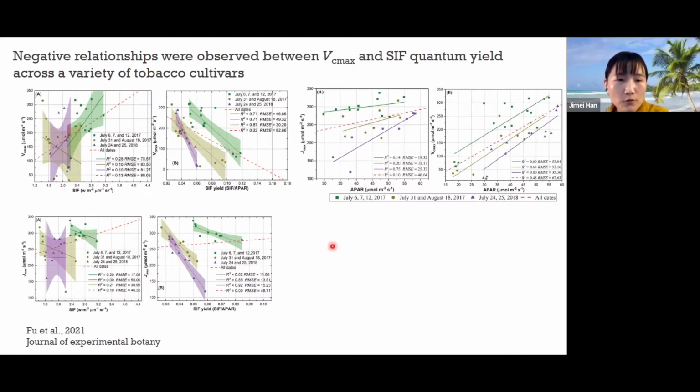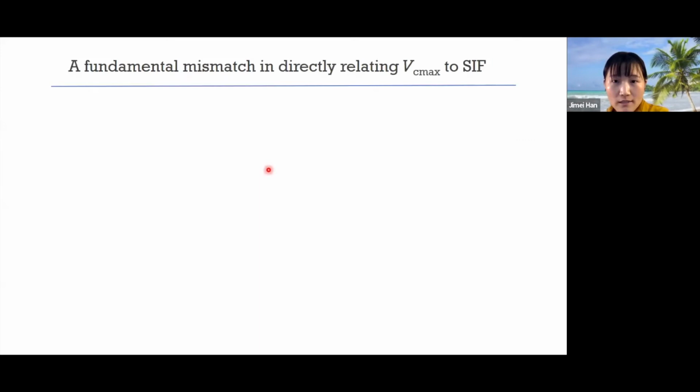So both the observational results and the simulation results did not consider a mismatch in relating Vcmax to SIF. Specifically, Vcmax and Jmax indicate photosynthetic capacities, and they are supposed to be parameters that do not depend on fluctuating light, but SIF is emitted only from the light reactions.